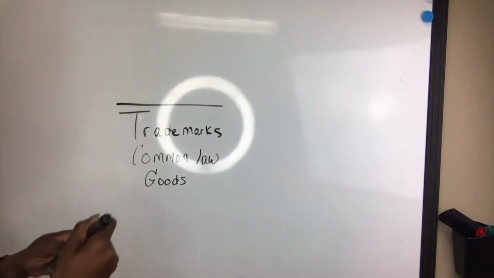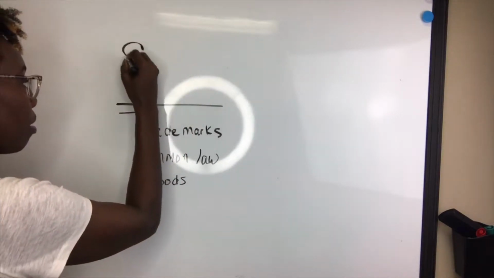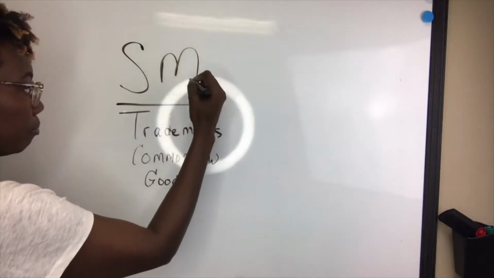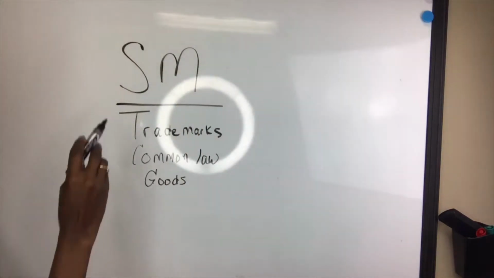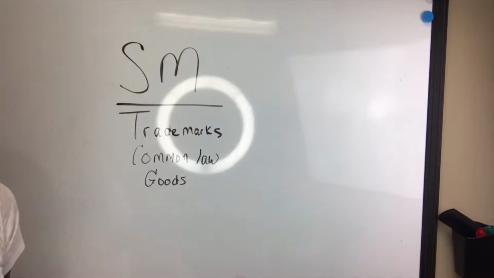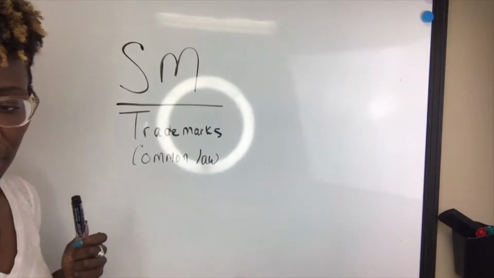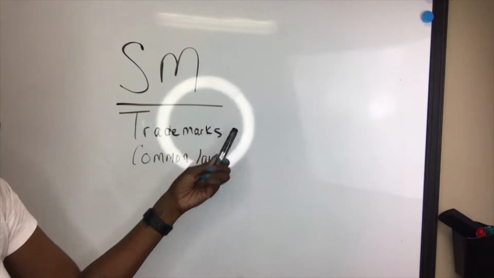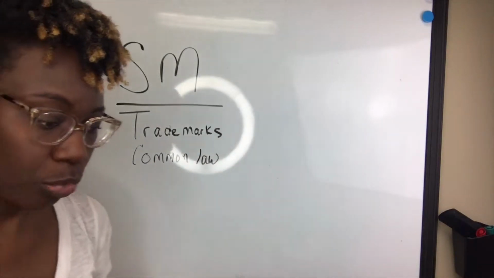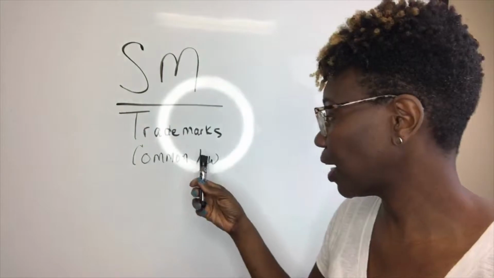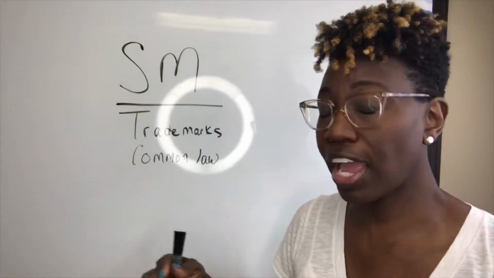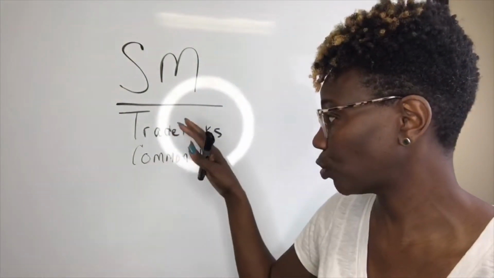It's just an S and an M next to each other. Could have been a doctor. So this SM is just like the TM, meaning that it represents a common law trademark, and you can also use it to represent that you're protecting your mark in common law. You haven't registered it yet, but you want to enforce your trademark.